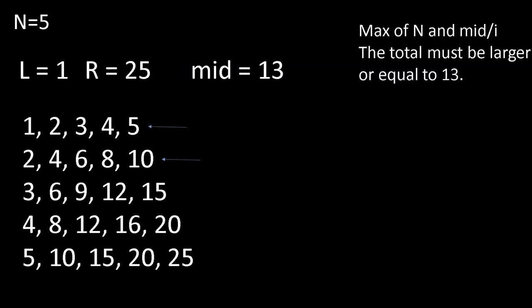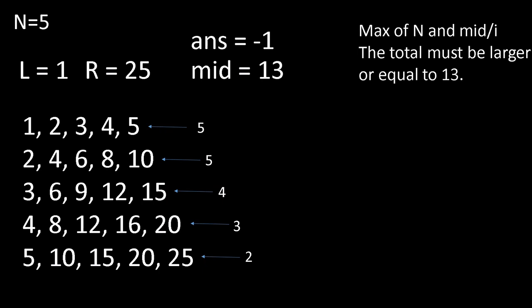Let's solve for n equals 5. n squared equals 25. We're going to take the min of n and mid over i. Since there are 13 elements to be bigger or equal to, the total must be greater or equal to 13. The smallest element that fulfills this quality is our answer. Left equals 1, right equals 25, and ans equals -1.